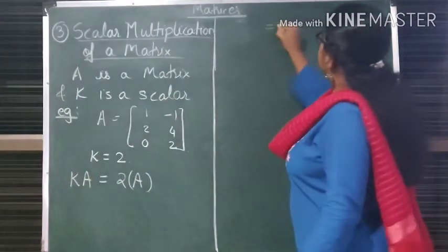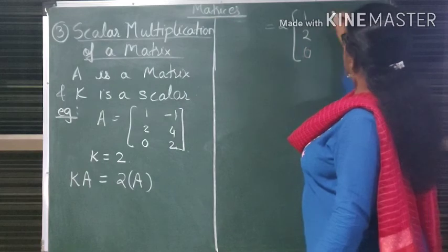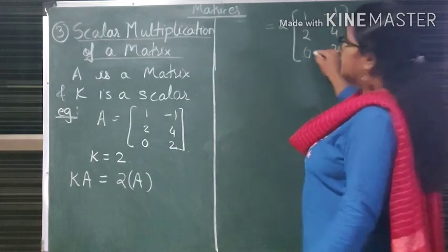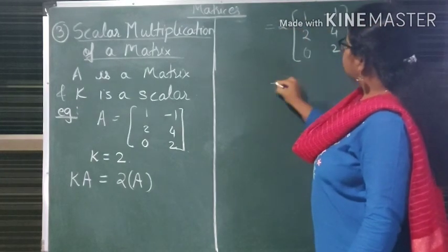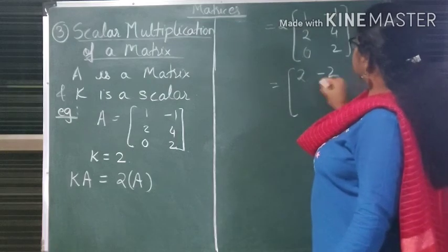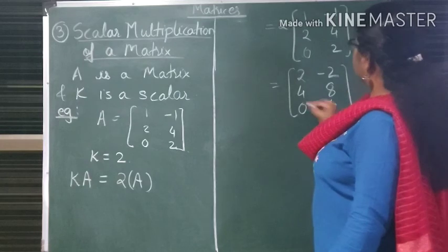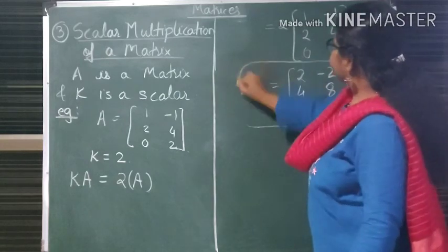It is 2 into 1 2 0, minus 1 4 2. So each element of this matrix you will multiply by scalar 2. So 2 into 1 is 2. 2 into minus 1 is minus 2. 2 2s are 4, 8, 0 and 4. So this is your matrix 2 times A.